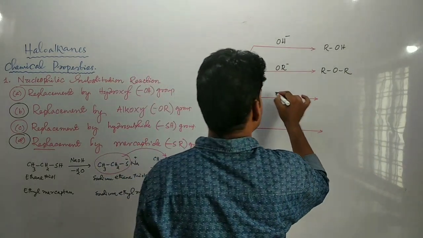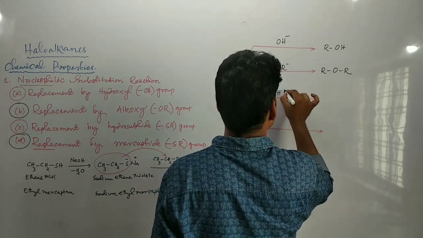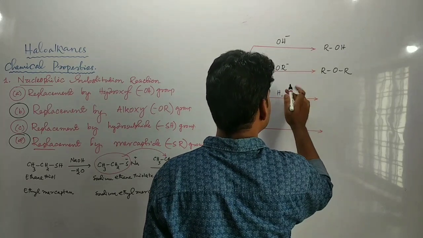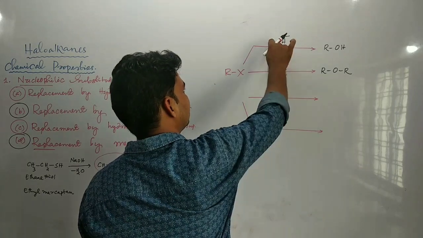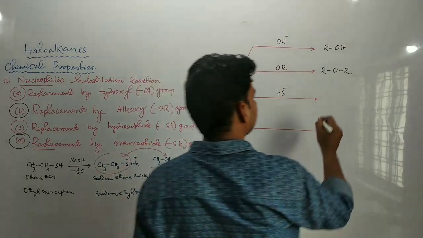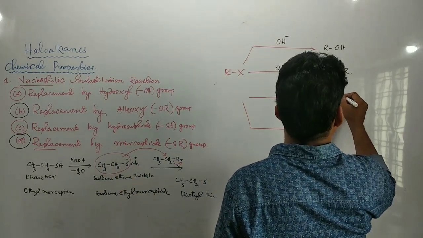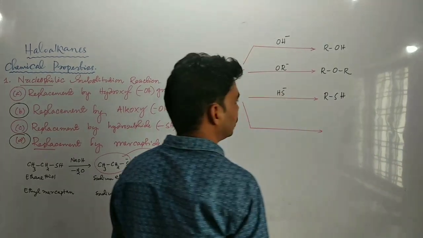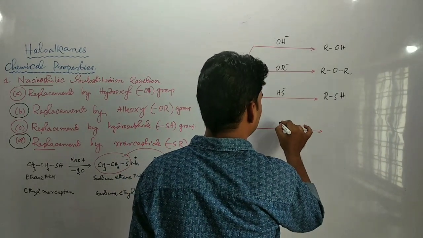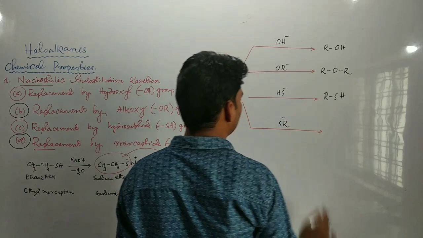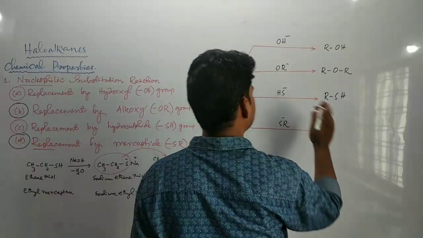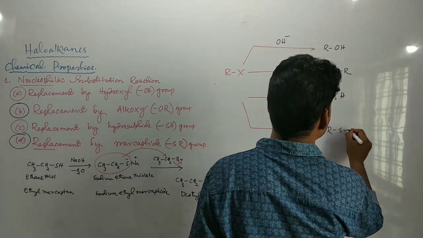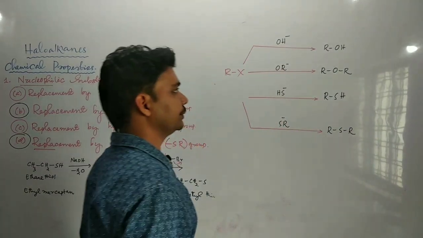In the third case, the replacement by hydrosulfide ion, HS minus or SH minus, is quite similar to the first reaction, and you will get your product RSH, thiol or mercaptan. And in the fourth reaction, replacement was by mercaptide group. This is similar to the second reaction where the product is thioether.